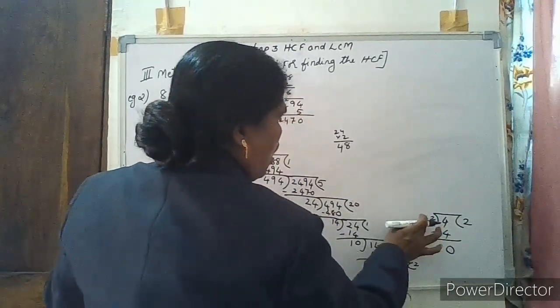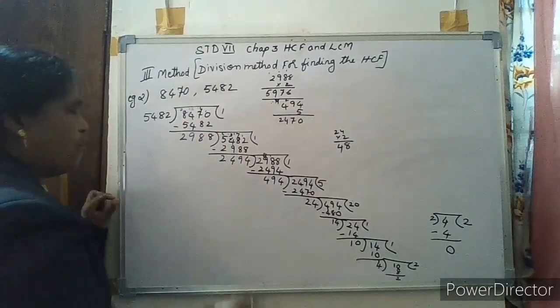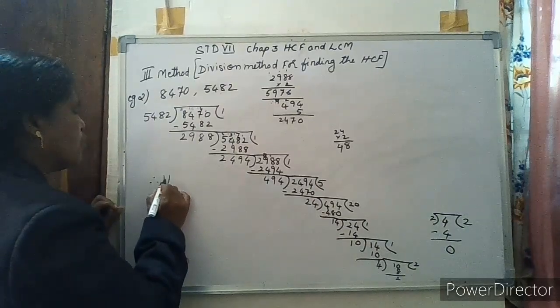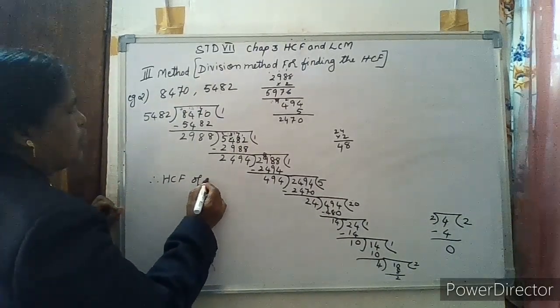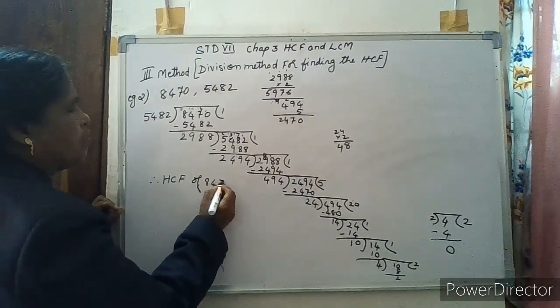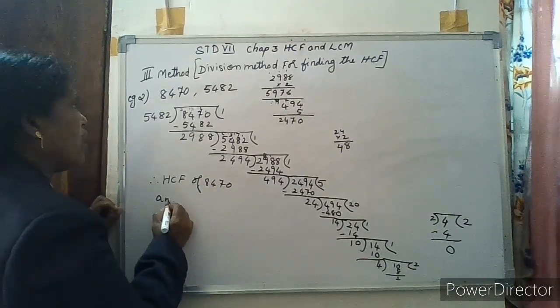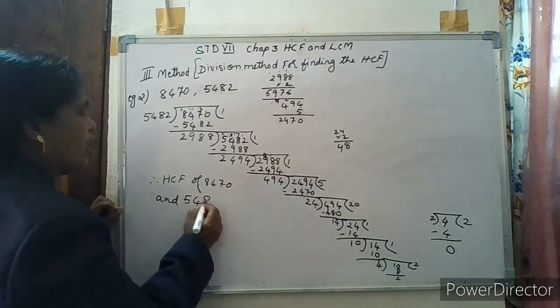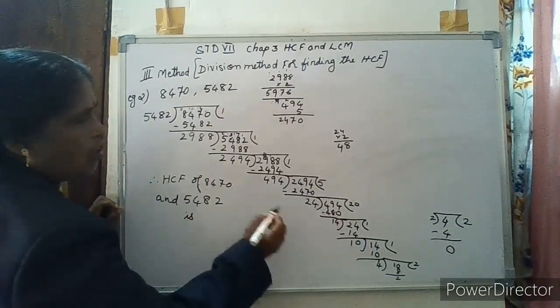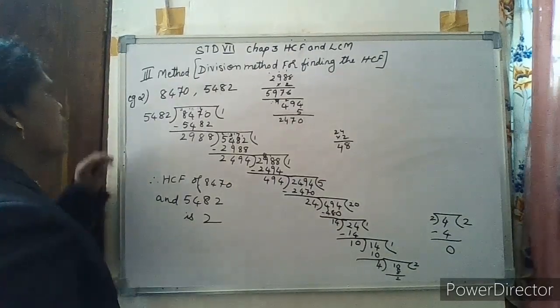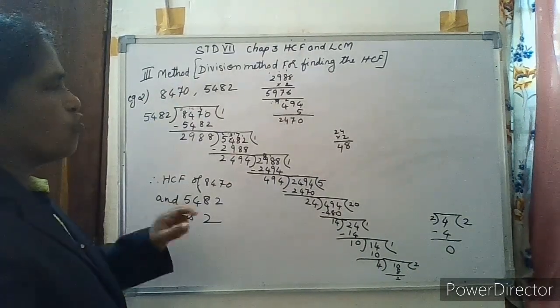The last divisor is 2. Therefore HCF of 8,470 and 5,482 is 2. So HCF of these two numbers is 2, the last divisor.